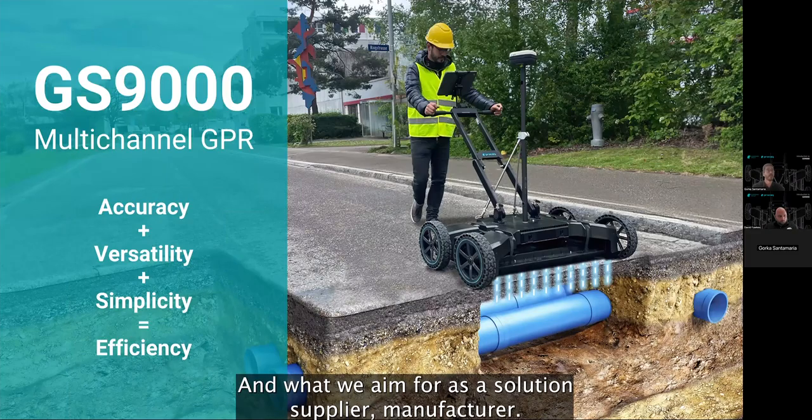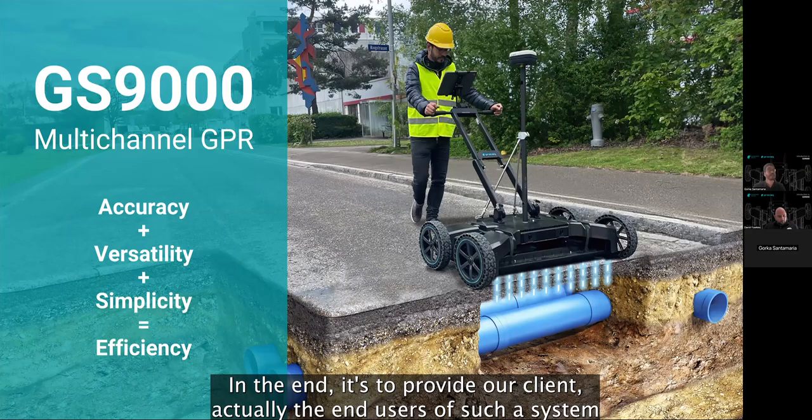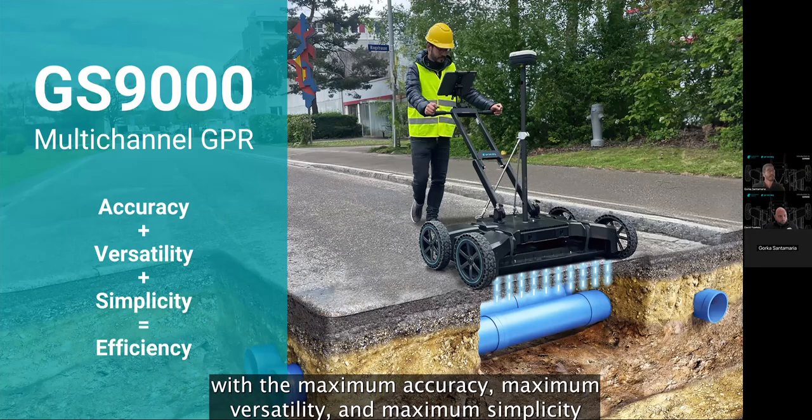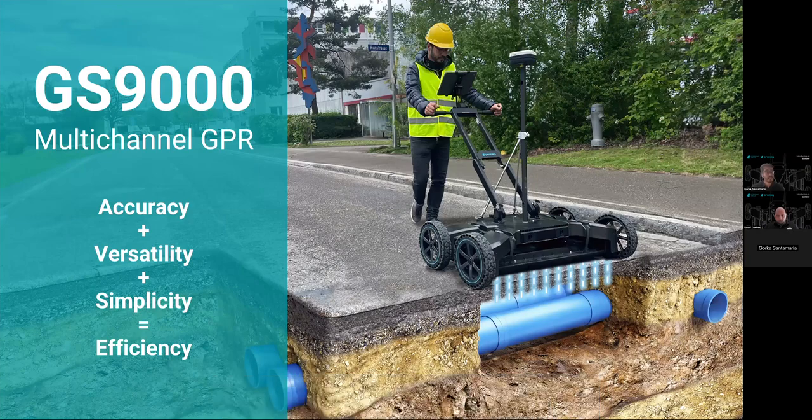And what we aim for as a solution supplier or manufacturer, in the end, is to provide our clients, the end users of such a system, with the maximum accuracy, maximum versatility, and maximum simplicity as the way to be more efficient.